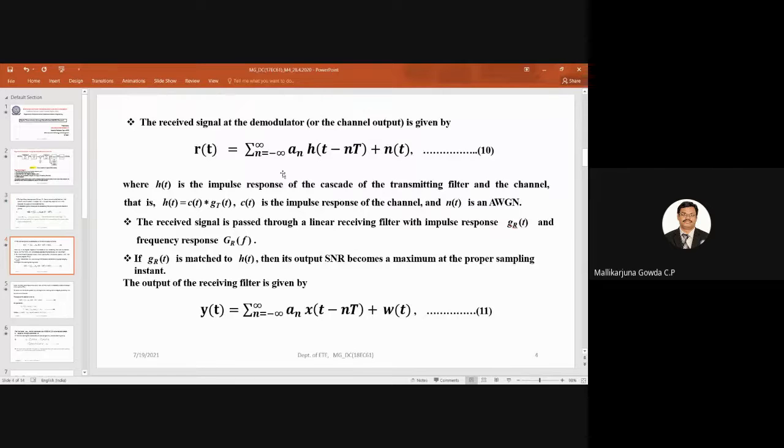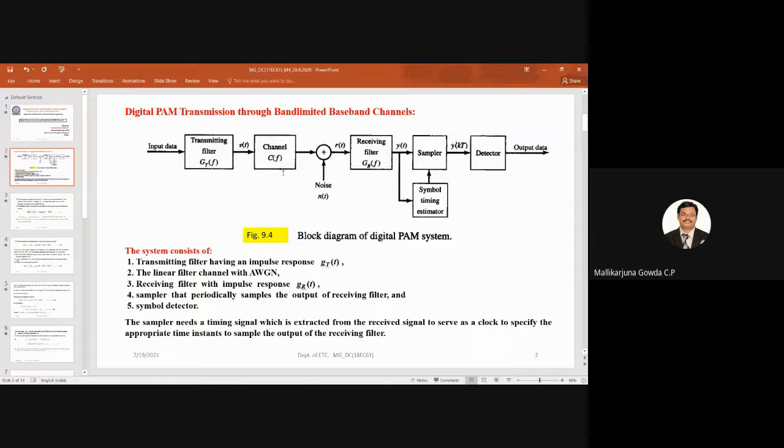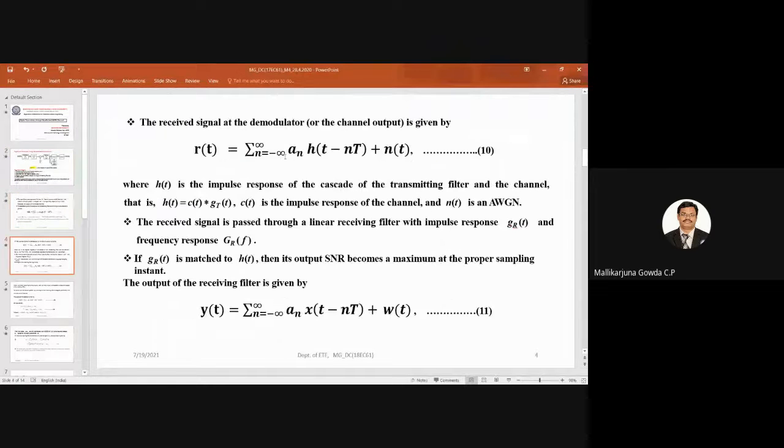Then r of t. In the same way, what is r of t? That is the output of the channel. So I can write the received signal at the demodulator, or we say the channel output, r of t is equal to the summation over n from minus infinity to infinity of a_n h of t minus nT, plus noise. So you know what is this h of t minus nT?